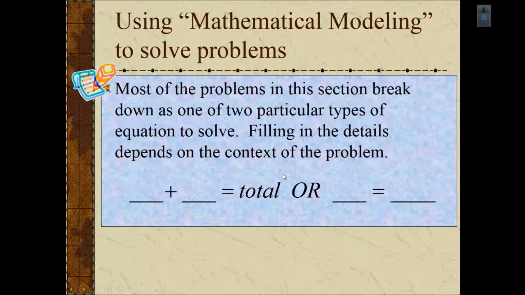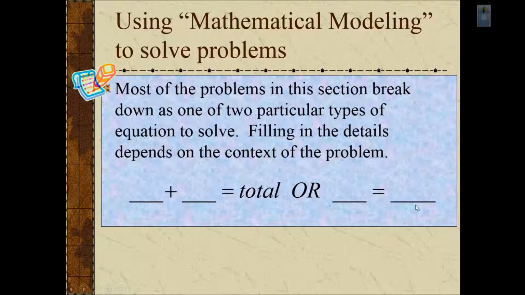A second typical format for linear word problems is blank equal to blank. You're going to use this one if you see a situation that is described in two different ways. Look for one description of the situation using quantities and another description of the situation, maybe just using numbers or possibly using numbers and variables.